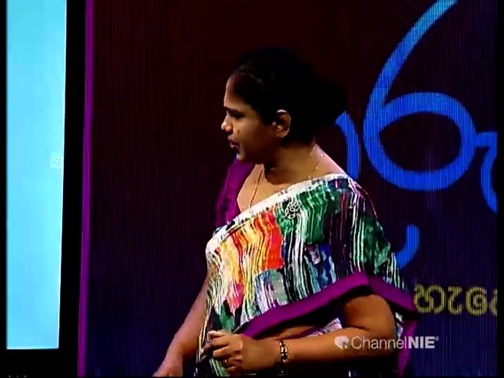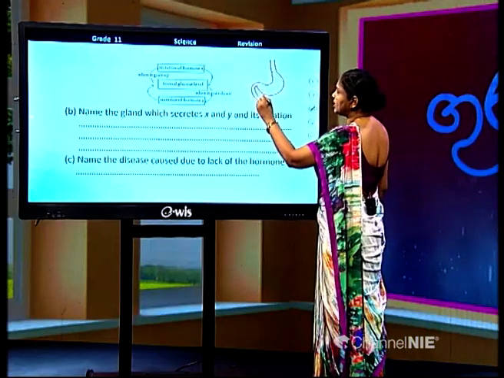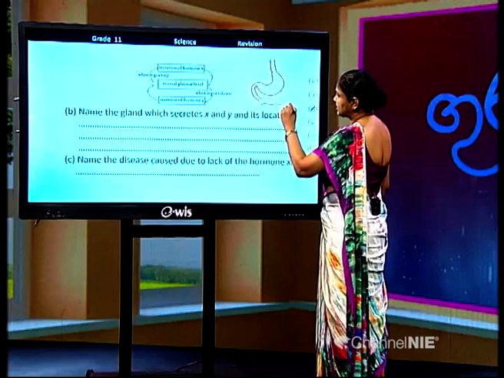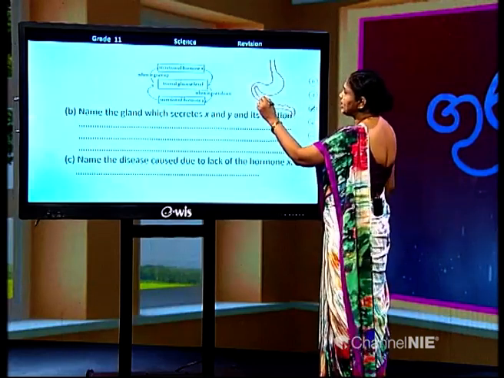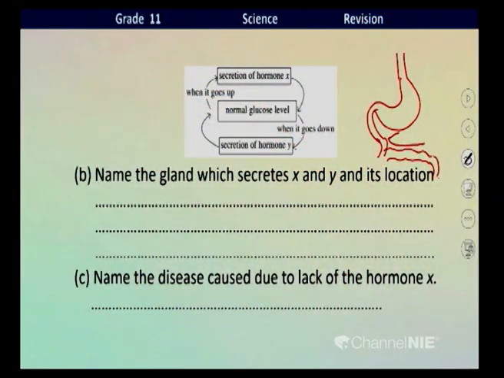And its location. Where is this pancreas located in our body, children? Let me show you that. You know that this is the stomach and this is the duodenum, and here's the large intestine, something like that. And this pancreas is just below the stomach, near the bend of the duodenum and just above the large intestine.